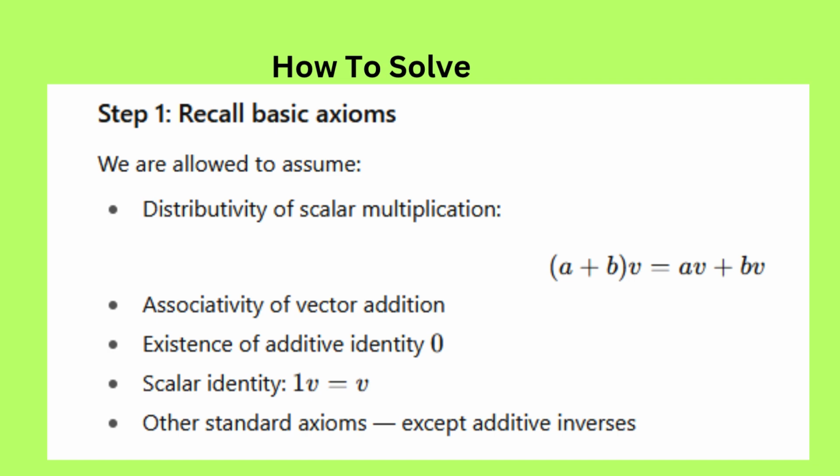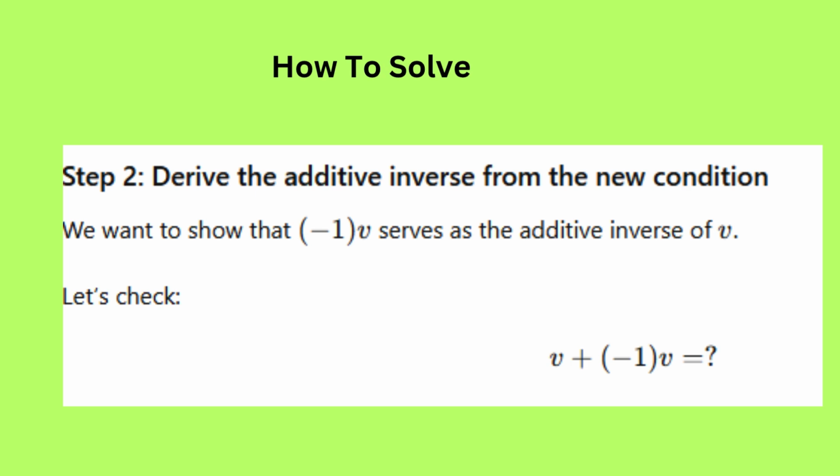How to solve this? You derive the additive inverse from the new condition. We want to show that negative 1 multiplied by v serves as the additive inverse of v. So let's check this one. v plus negative 1v should be equal to 0, right?